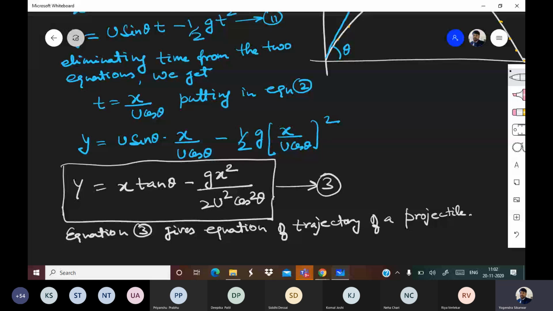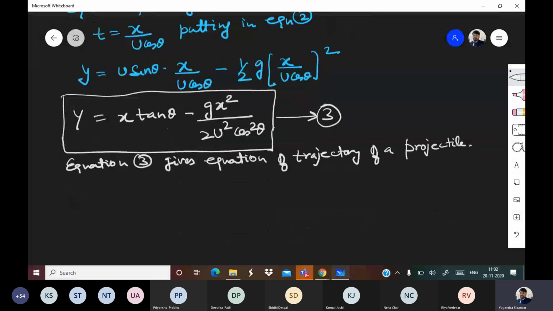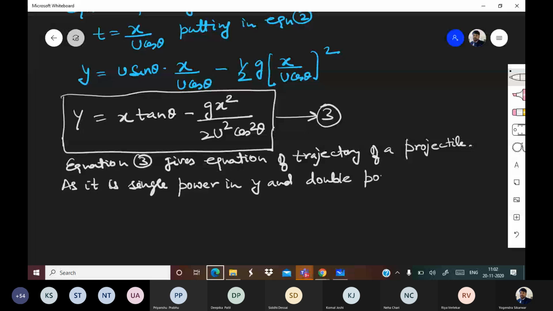Okay. So equation 3 gives equation of trajectory of a projectile. Now you can notice that it is single power in y and double power in x. Basically, what is it representing?